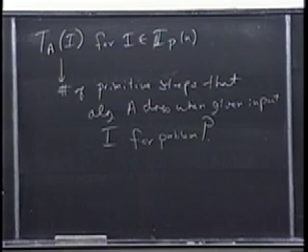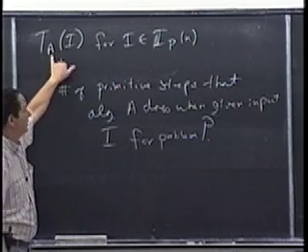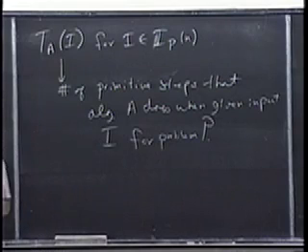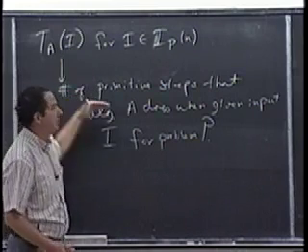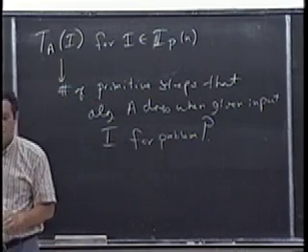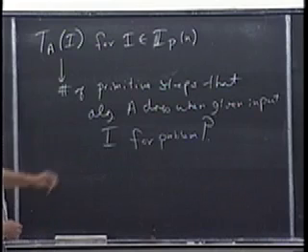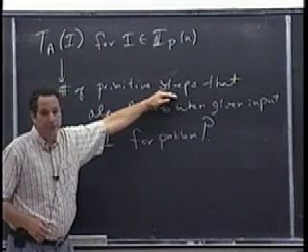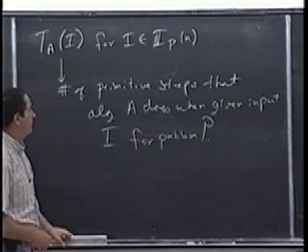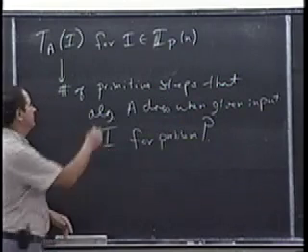So when you give a particular input to a particular algorithm, and it's a deterministic algorithm, that algorithm does something. And it does the same thing every time you give it the same input. And therefore, we can learn things about what it does when it's given that input. What we focus on here is the number of primitive steps or primitive operations that that algorithm does when given that particular input I. Now, primitive, what do I mean by that?